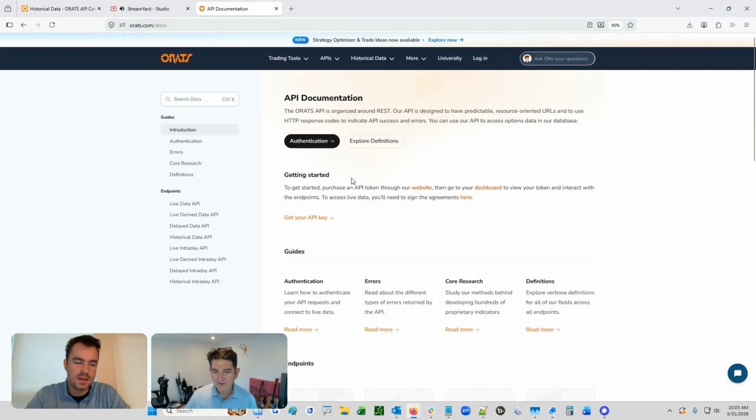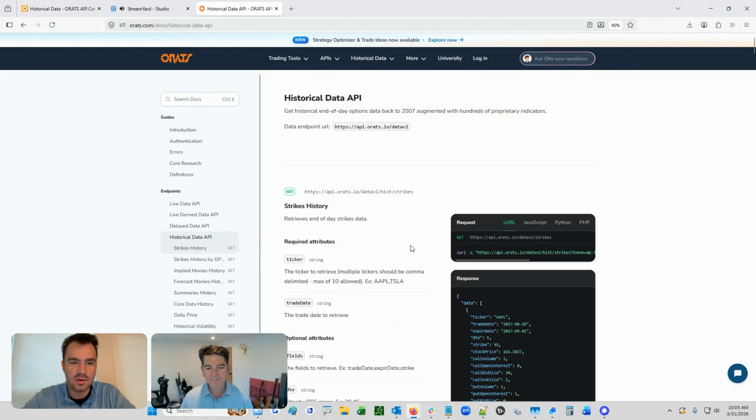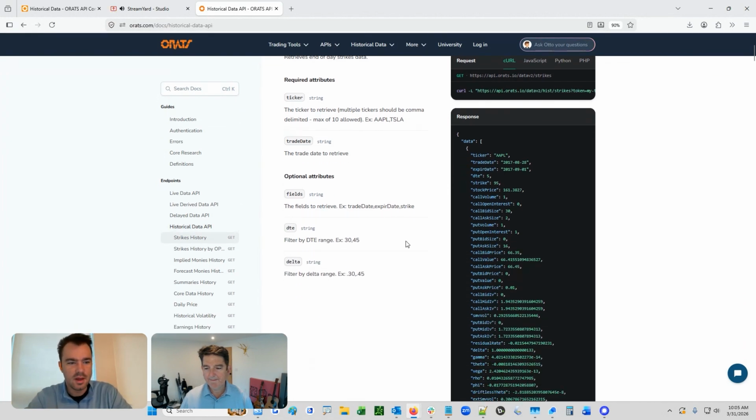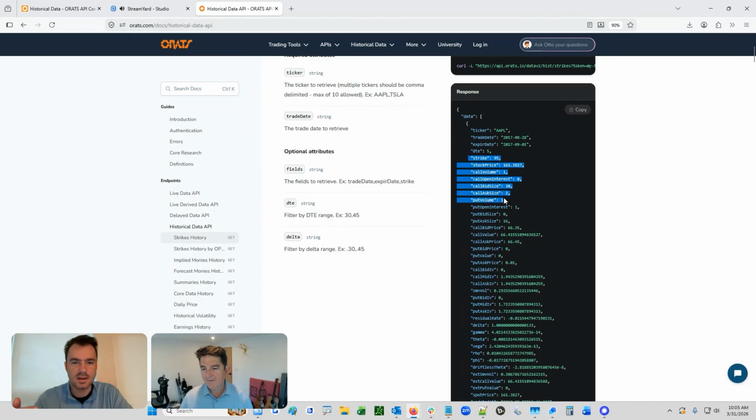So you can go back to the website and check out the docs. One thing a lot of our customers are doing is feeding the API into an agent. So if you want to do that, the easiest way is to just give the agent a link to the documentation, and then it'll peruse it and look at the endpoint URLs for you. They're all very clearly there, the GET requests that you can do, the required parameters, and then the expected response output.